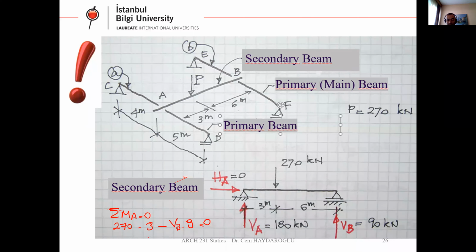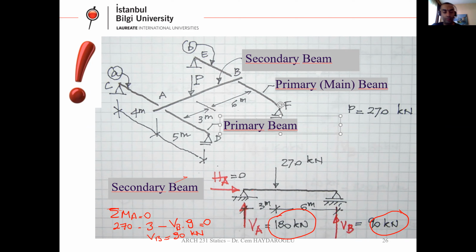If we do this calculation, VB equals 90 kilonewton. So if this is 90, you can calculate VA in the same way as well. So we can get VA and VB.